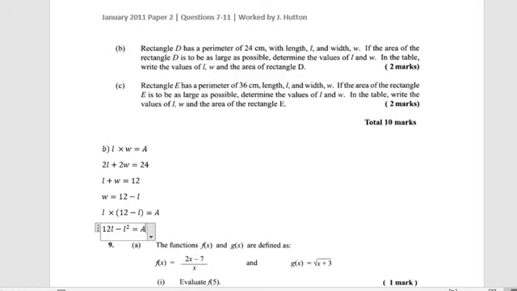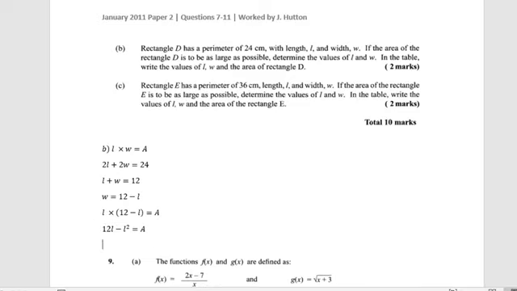So what we're saying is, if A is equal to 0, in order to sketch a quadratic graph, then L is 12 or L is 0. That's the only way this can be true. So that's what we're going to do in order to sketch a quadratic graph.